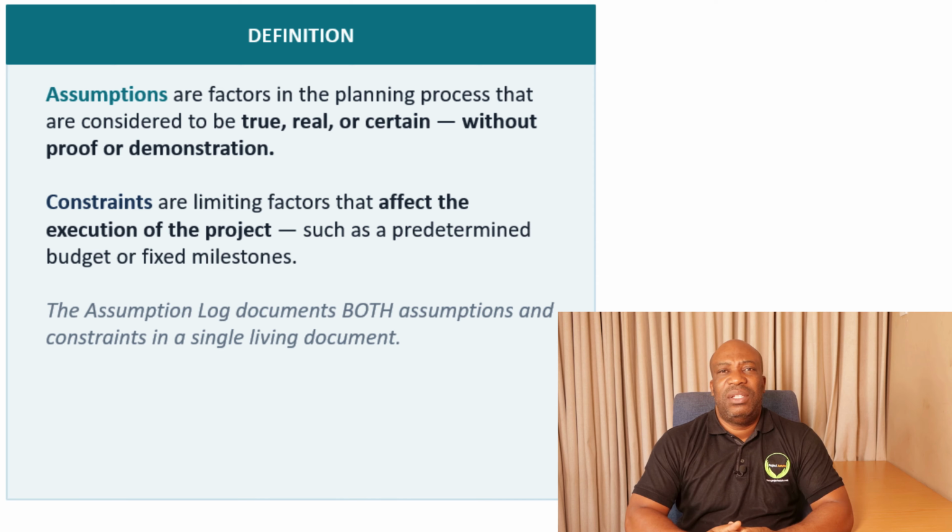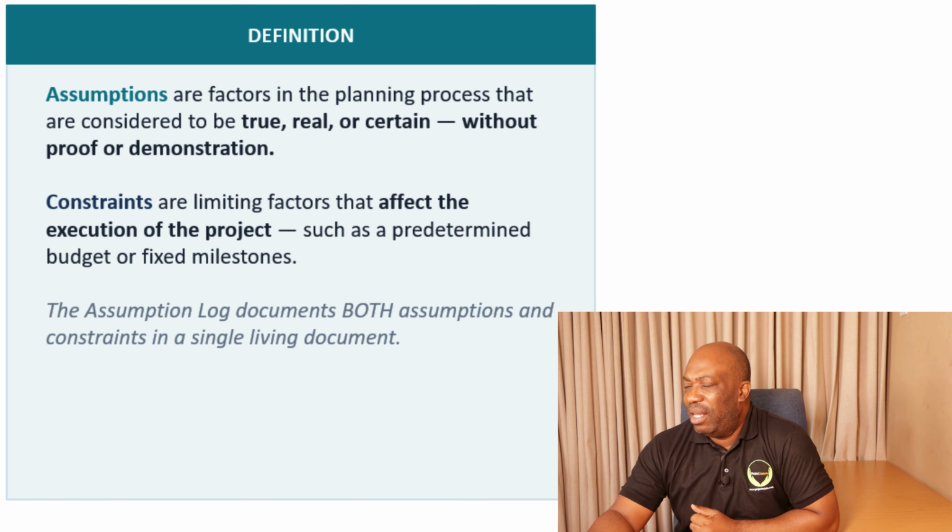As you can see on the screen, an assumption is a factor in the planning process that is considered to be true, real, or even certain without proof or demonstration. Let me explain. An assumption is something that you consider to be true, to be real, or not to be changing even during the course of the project.